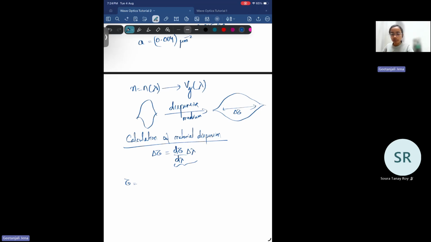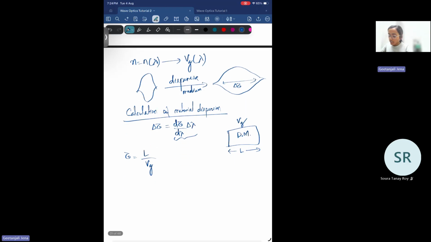Let's say the dispersive medium that we are considering has a length of L, and the pulse propagates inside the medium with the group velocity. So tau we can write as L by Vg.